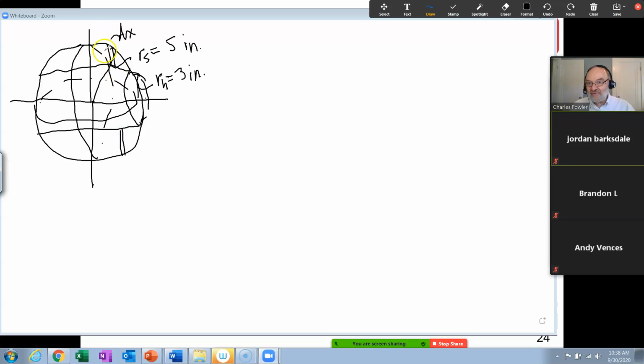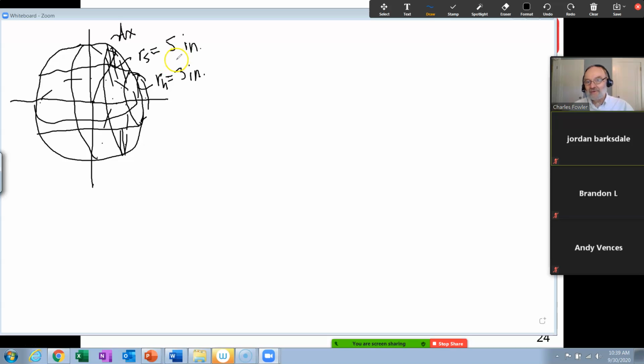And this goes all the way around, so you would have a thing that goes all the way around like that, and that's your slice. Outer radius, inner radius. But the slice is from here, not here, so that radius is different. You're going from the x value to here.